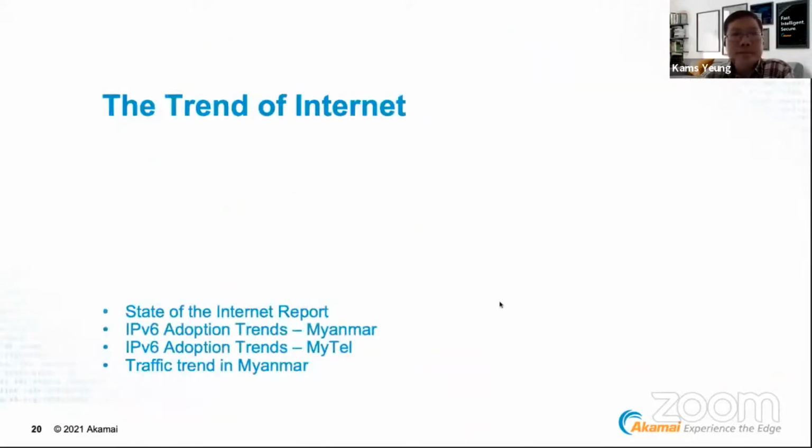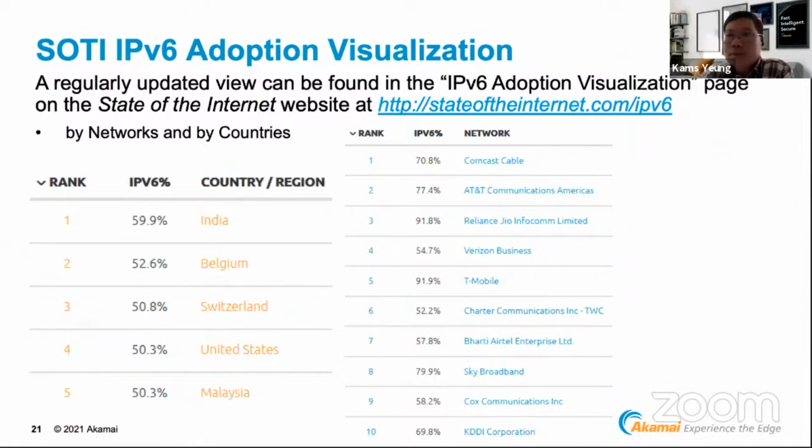Okay, so next, I'm going to talk about some traffic trends that we observe from Akamai's perspective for Myanmar. Number one, in Akamai, we actively measure a lot of internet performance because we have to map traffic based on performance.